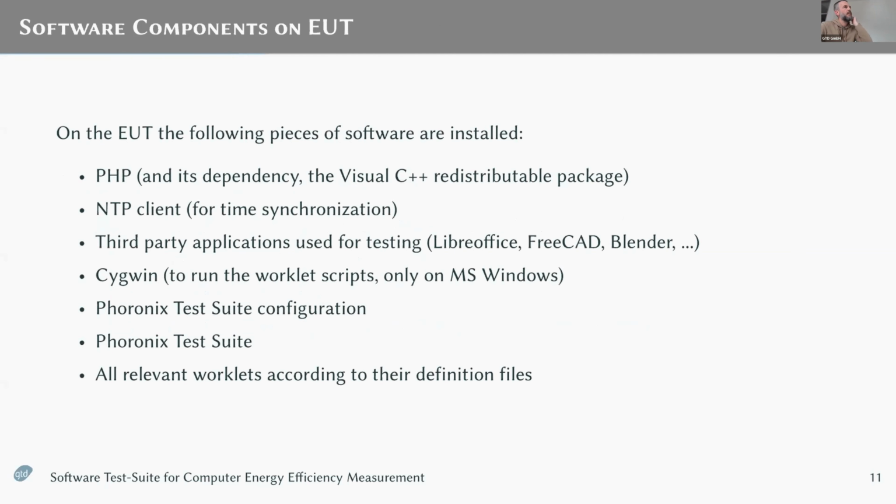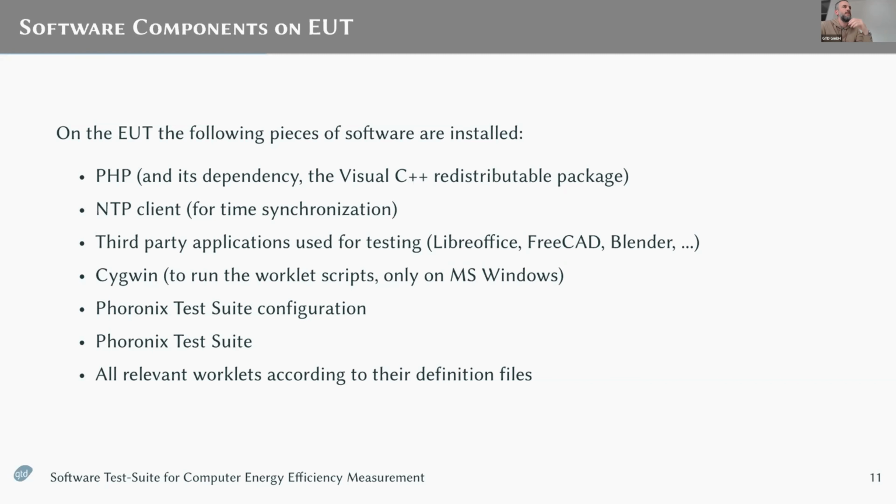Next slide, please. Then on the equipment under test, we again need PHP support to be able to run the Phoronix Test Suite. We need an NTP client to get the time synchronization from the controller PC. We need all those third-party software components that make up the core of the worklets that we are going to run.